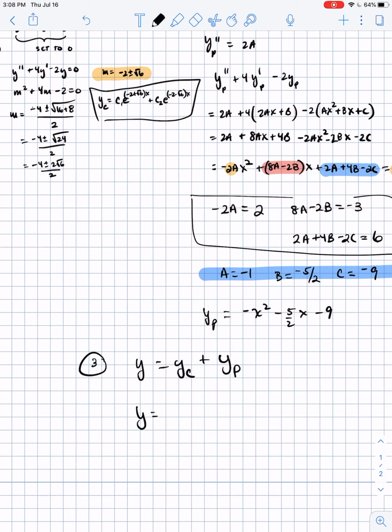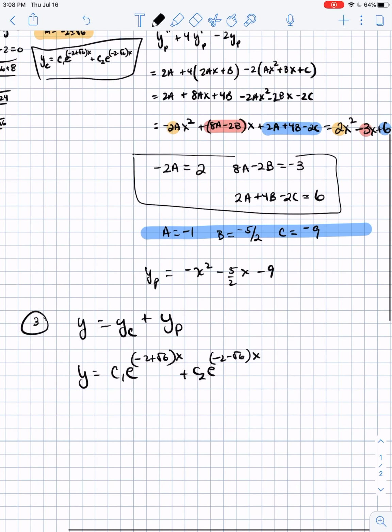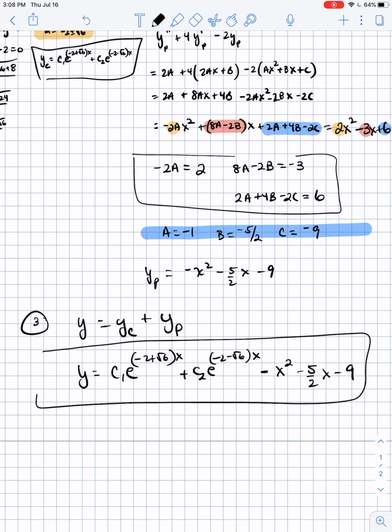So we have c1 e to the (negative 2 plus root 6)x plus c2 e to the (negative 2 minus root 6)x, and then add y sub p, which we get negative x squared minus 5/2 x minus 9. And this would be your general solution.